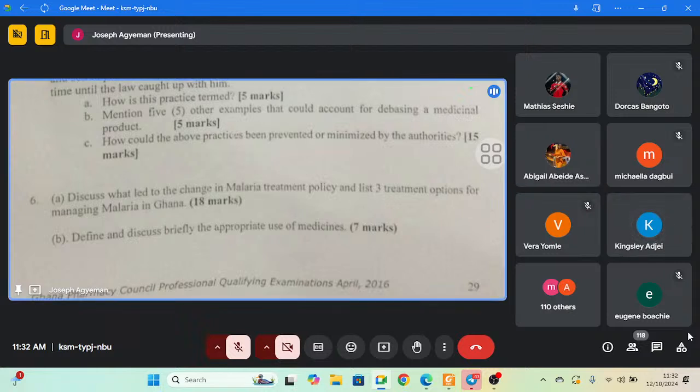It's still treatment. We can look at, so you mentioned in terms of cost and then the availability of the drug. So if now the drugs are quite expensive and then the availability has reduced, it means that we'd have to consider changing or making amendments to the policy. Perfect, class captain. Thank you very much.